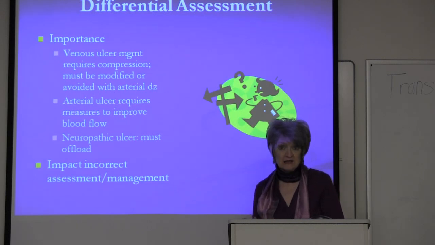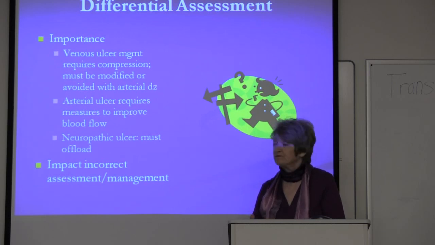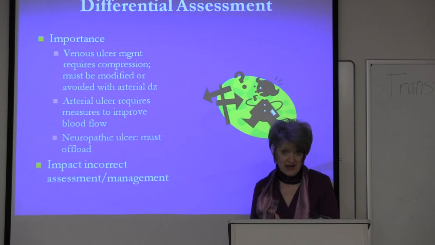But if the patient has some coexisting arterial disease, you will need to modify the level of compression to improve venous return while avoiding any compromise in arterial inflow. If the wound is arterial in etiology, your whole focus is getting that patient in to see vascular, making sure that they maintain hydration, looking at smoking cessation, all designed to improve perfusion.